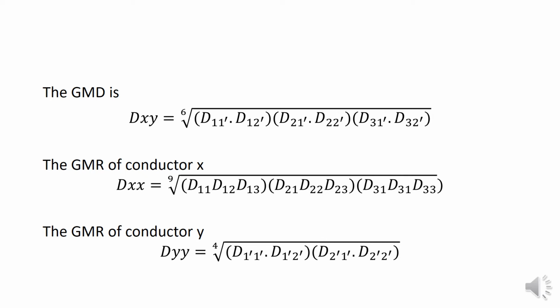Because there are two conductors, there will be two inductance values, right? So in order to find the total inductance, we are going to add these two, right? So that's why GMD is common and GMR is particular for that conductor.